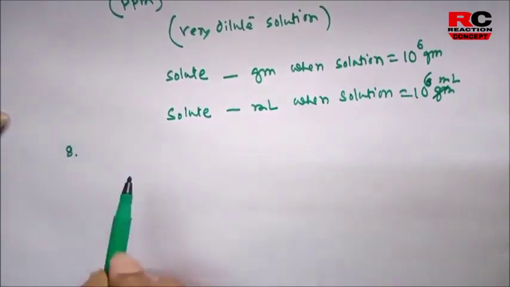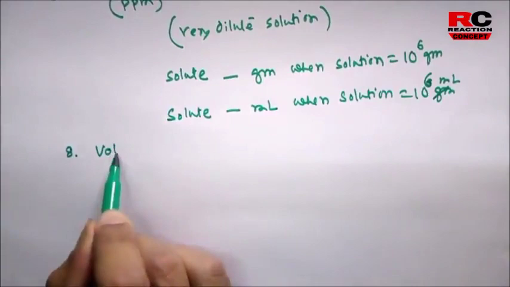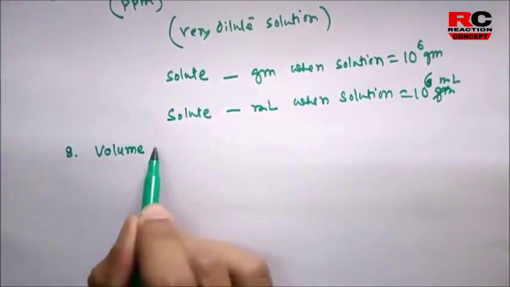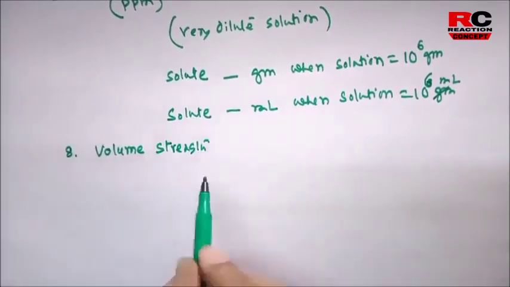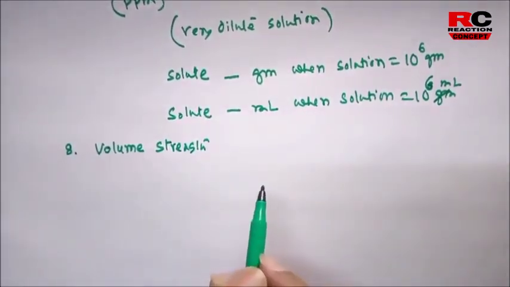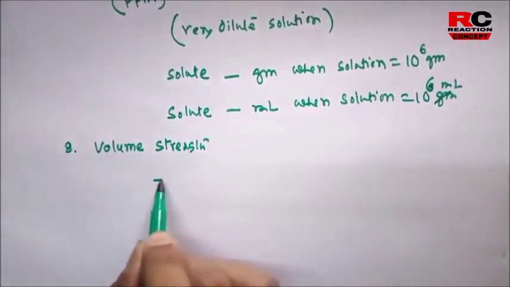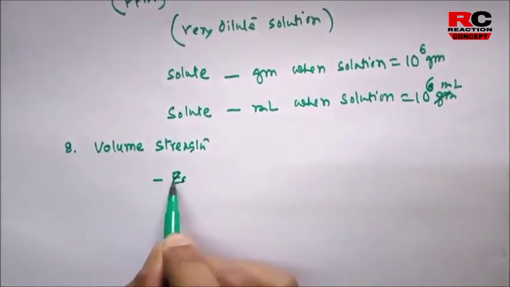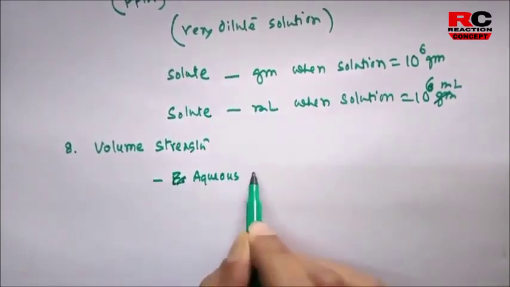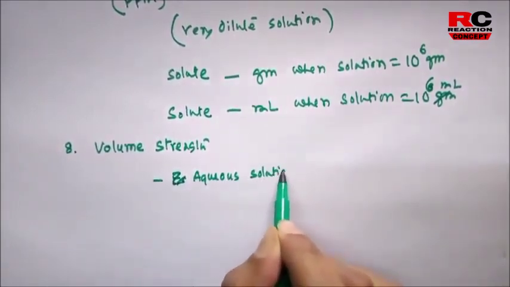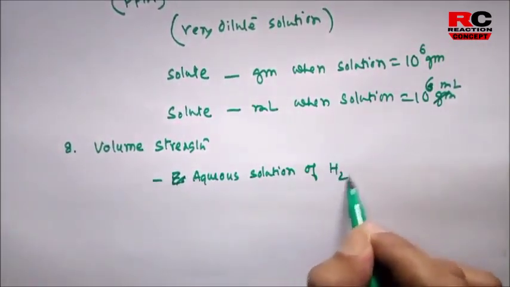Another concentration term is there. This would be the last, volume strength. This kind of concentration unit is generally used for aqueous solutions of hydrogen peroxide.